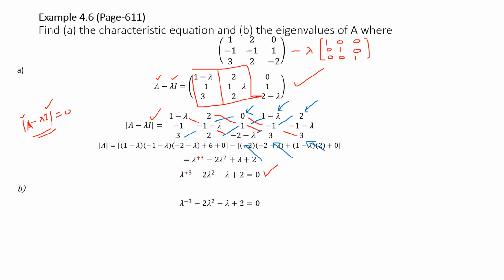In the previous slide, I just wrote A minus lambda I equals 0. So this is still a matrix, but when we take the determinant, we get this equation, and this equation is known as the characteristic equation. Now we are solving it. With the calculator, sorry about this, we get 3 answers. So this time we have 3 eigenvalues.